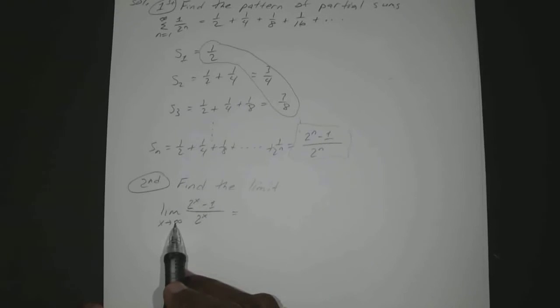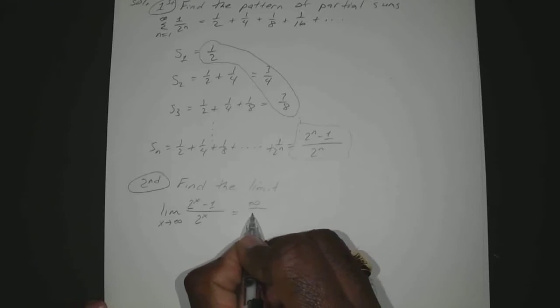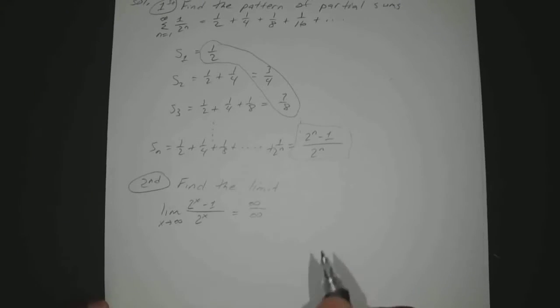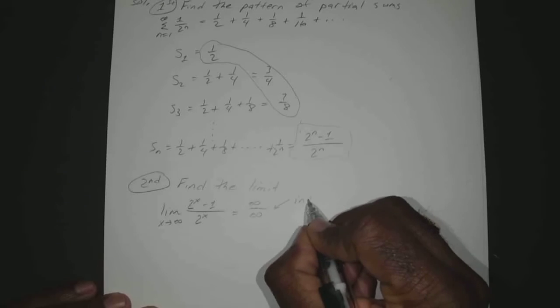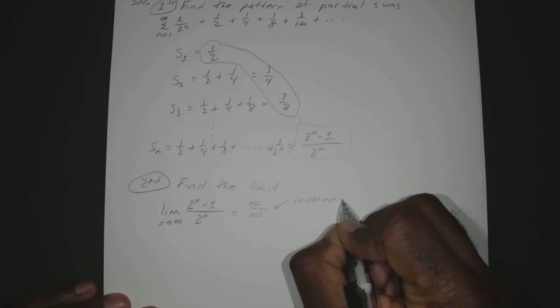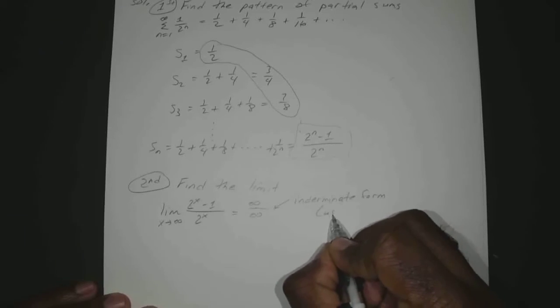Okay, so as it approaches infinity, you actually end up with infinity over infinity. So you have a really big number minus 1 over a really big number, which is still infinity over infinity. So remember, that's an indeterminate form. So we can use L'Hopital's rule.